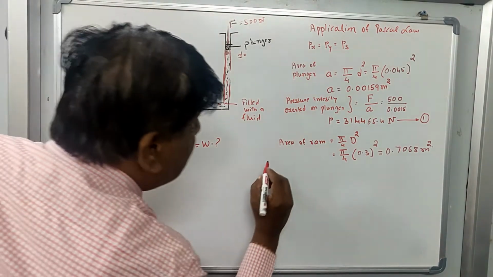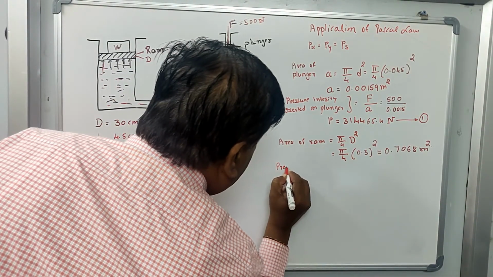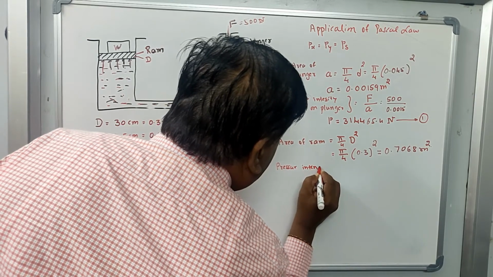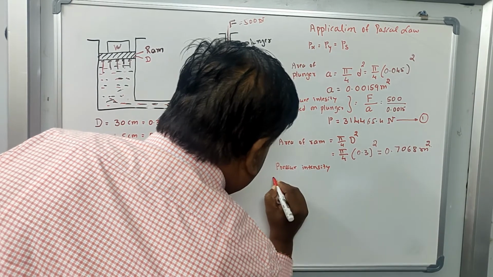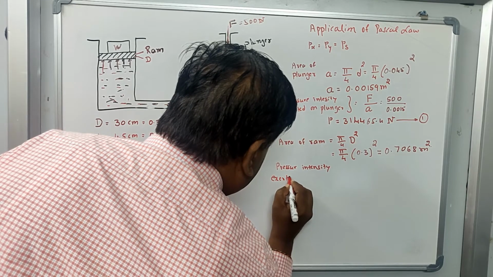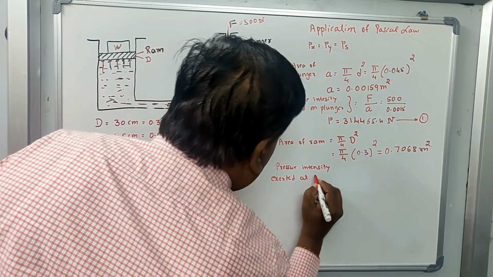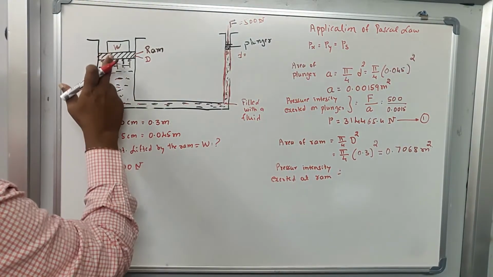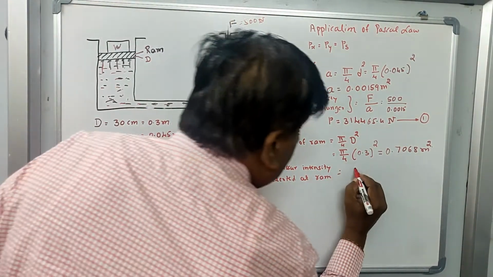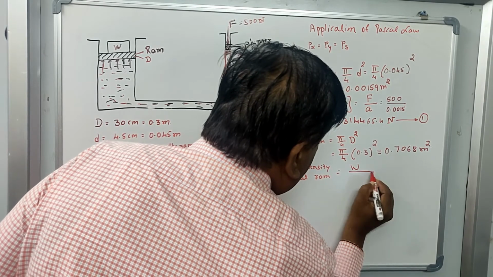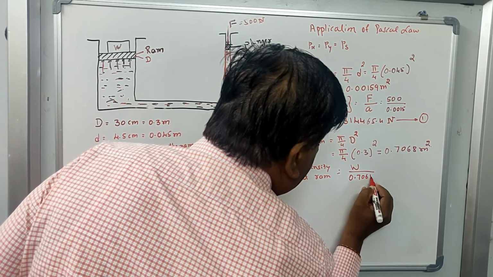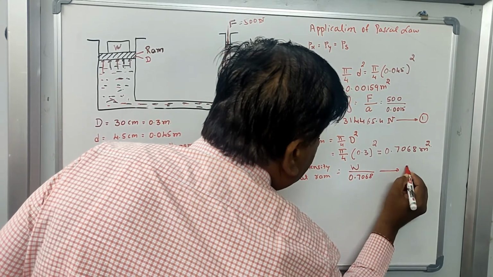Now the pressure intensity exerted at the ram is equal to the force W divided by the area of the ram, 0.7068. Let it be equation 2.